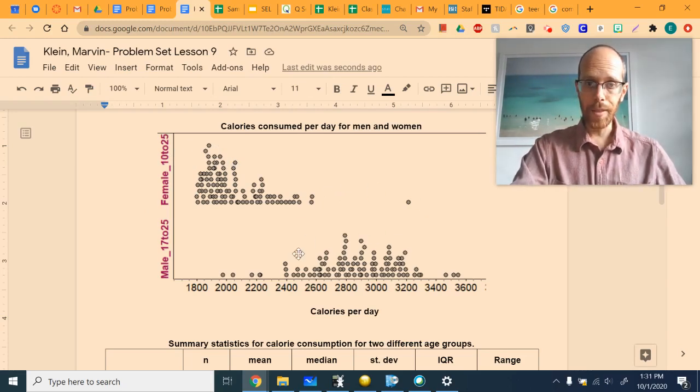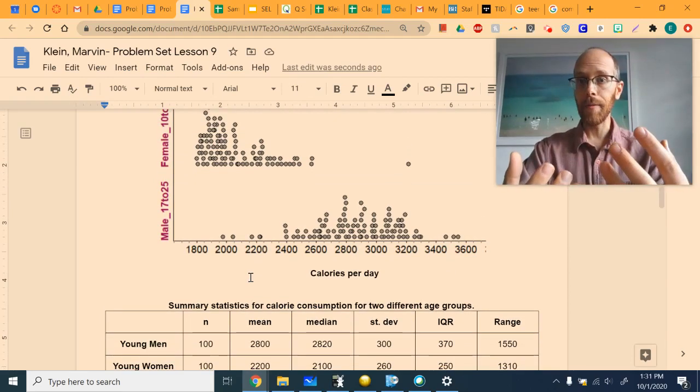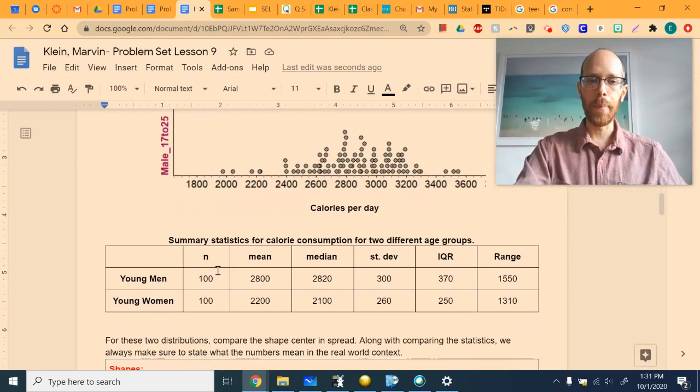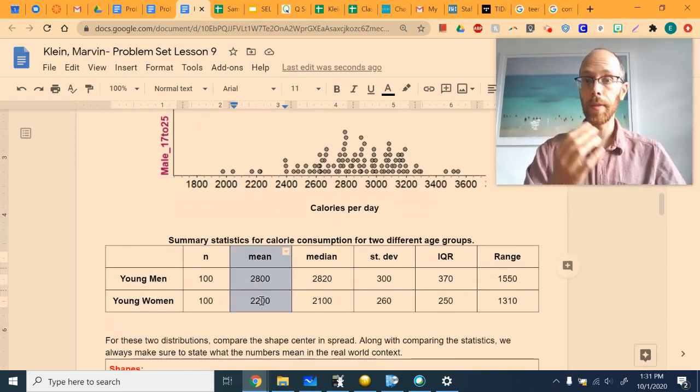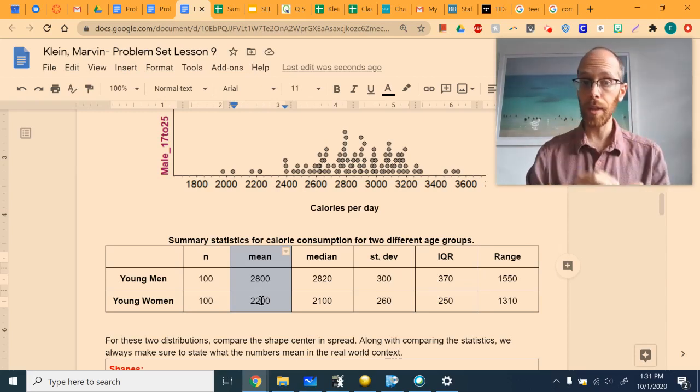And then for the men's group down here, it looks like there could be some outliers over on the left. So they both have some issues that could bias the mean, right? We know that the mean is not resistant to skew or to outliers. So you can't use the mean.